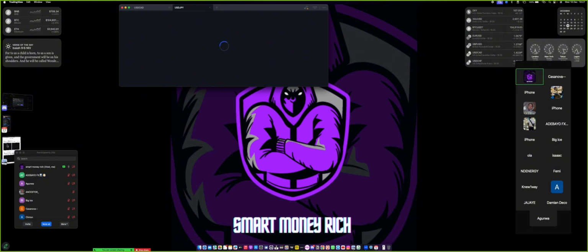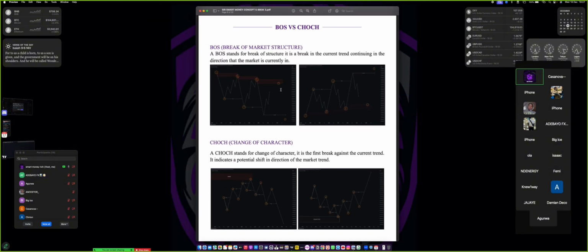Some people call it BMS, some people call it a different name, but break of structure is the one that every forex trader is very familiar with. BOS stands for a break of structure. It is a break in the current trend, continuing in the direction that the market is currently in.